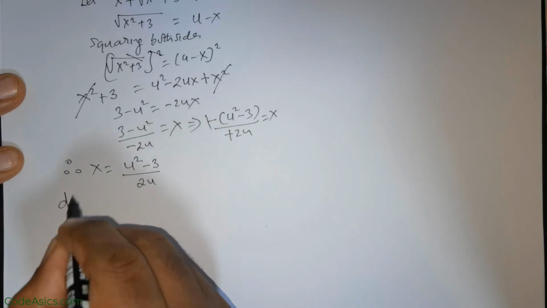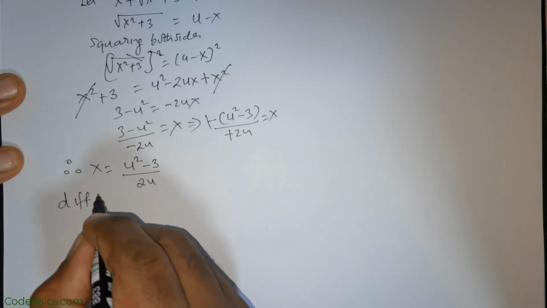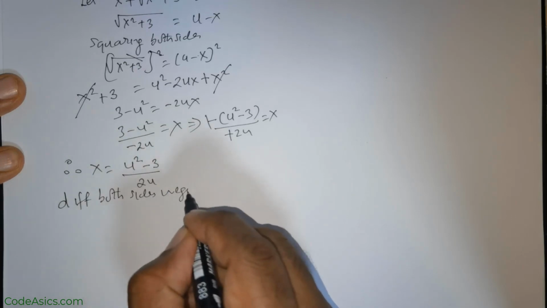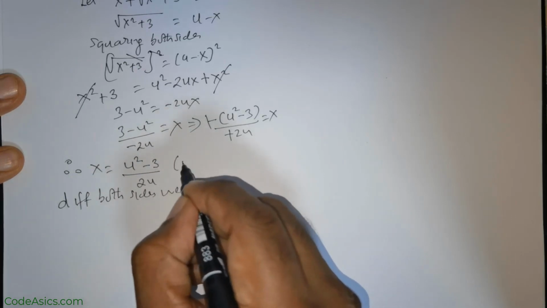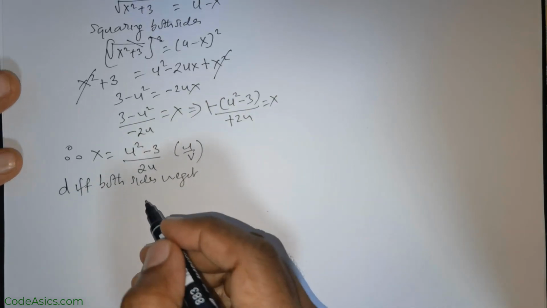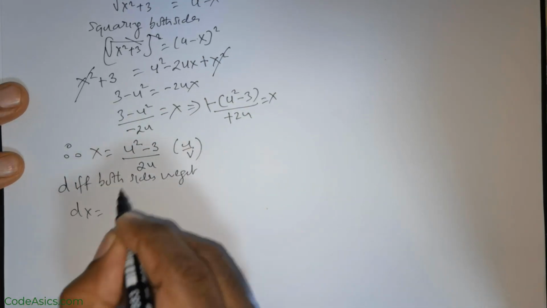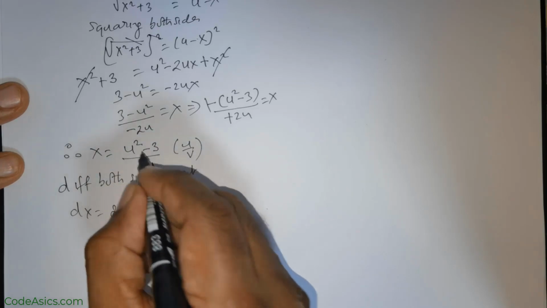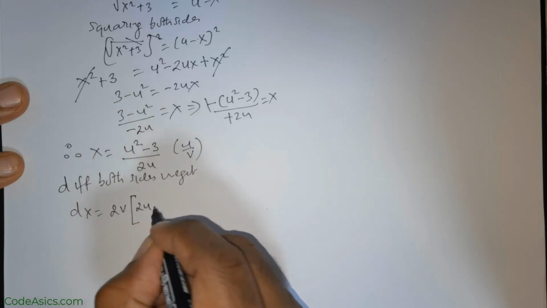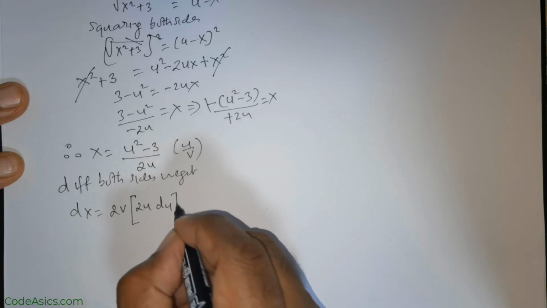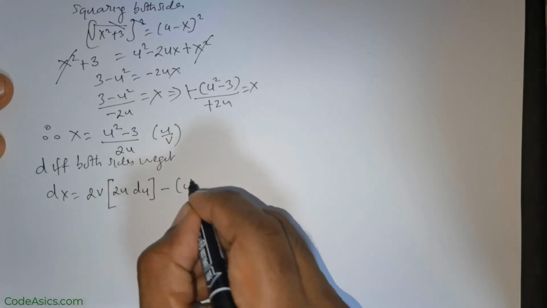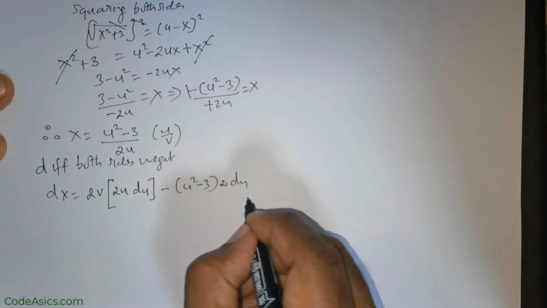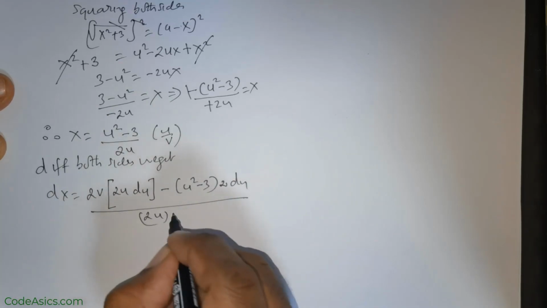Now I'm going to get dx, so differentiating both sides we get. For this I will be employing the u over v form. So differential of x is going to be dx. This is going to be 2 times v times differentiation of u squared minus 3, which is 2 times u times du, followed by minus u squared minus 3 times differentiation of 2 times u, which is 2 times du, divided by 2 times u raised to the power of 2.